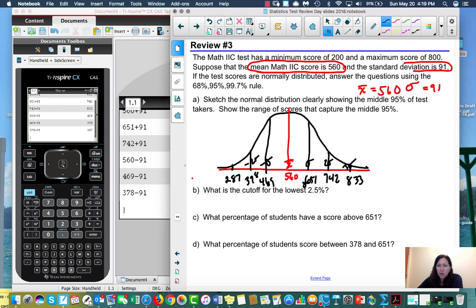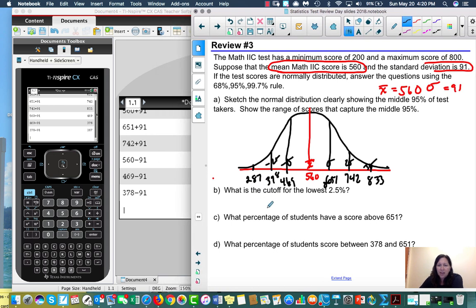Okay, so based on that information, it says, what is the cutoff for the lowest 2.5%? So what I'm doing here is, I know that from here to here is 68% of my data. Then there's another 13.5% here and here, for a total of 95% from here to here.